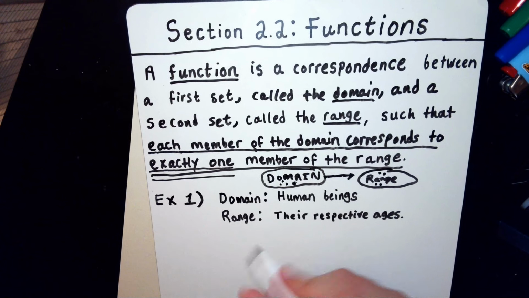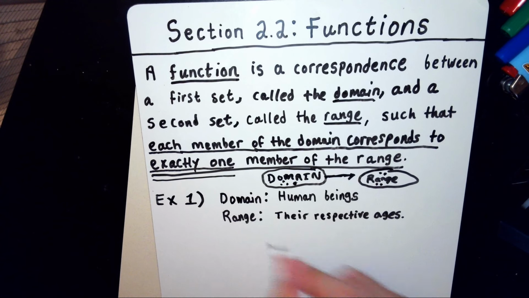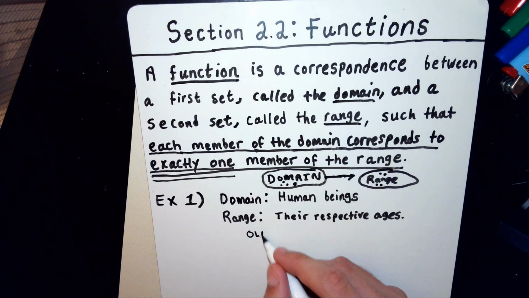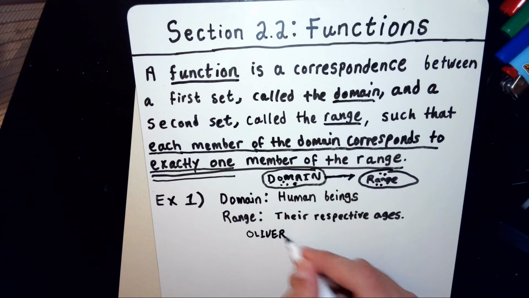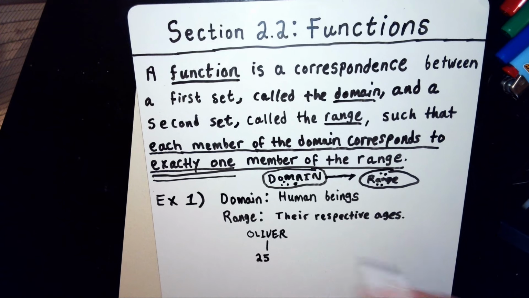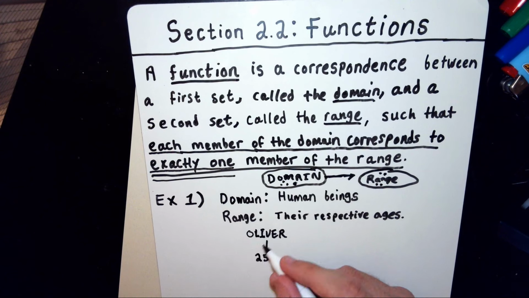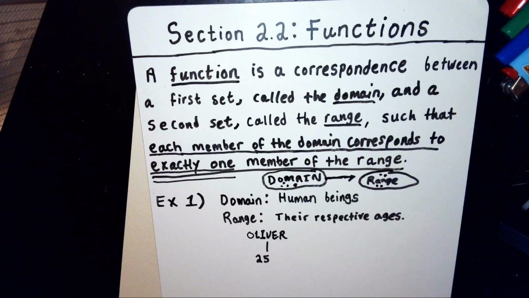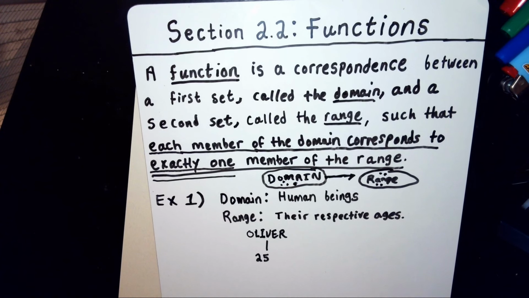For example, this doesn't cover every part of the domain because I'm only one human being, but my name's Oliver, and I would be matched with the number 25, assuming that we're not doing any kind of fractions. So I would be 25.